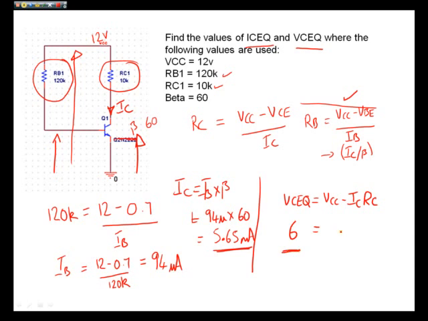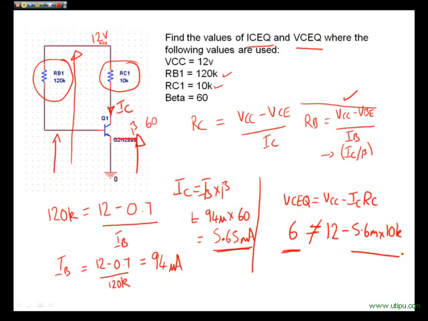Let's just assume for maximum symmetrical swing 6 there: 12 minus 5.6 milli times 10k, and that equation doesn't work. If we look here, 5.6 milli times 10k is too great a voltage, 56.5 volts.